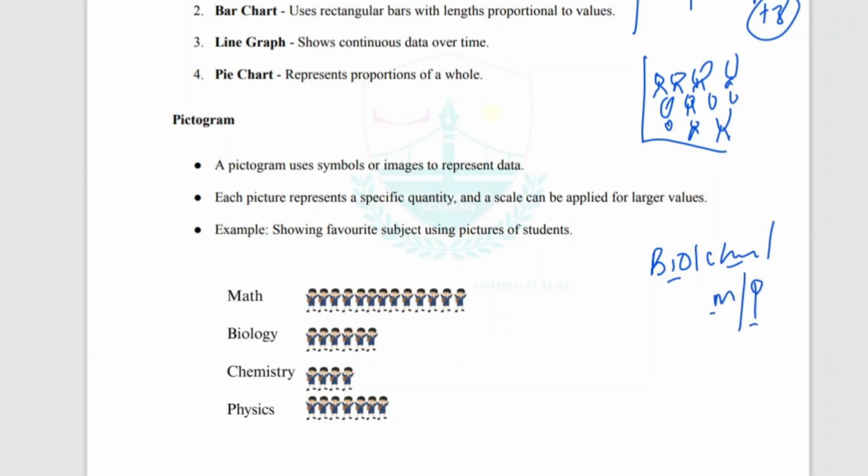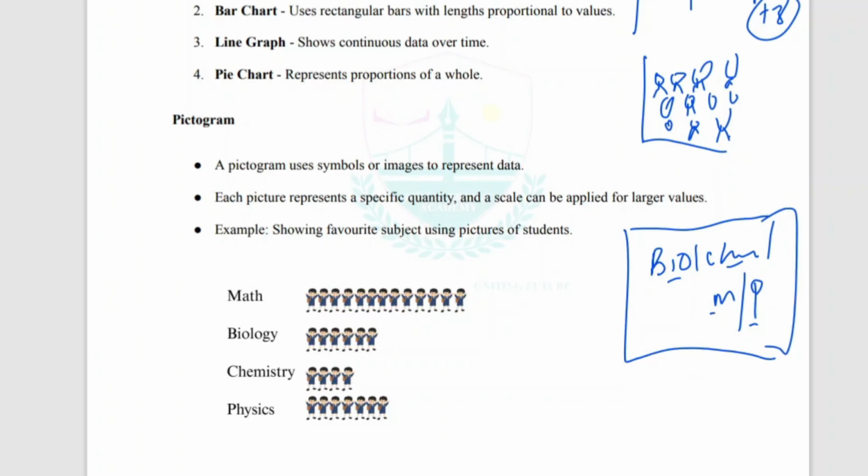Which of these is your favorite subject? That was the question, that was what the survey was all about. Then the teacher analyzed and found that different numbers of students like different subjects.